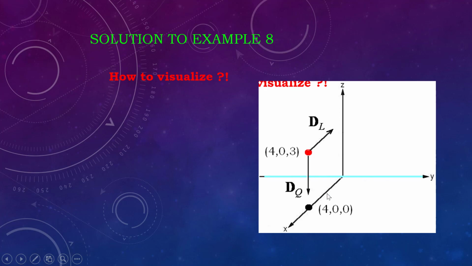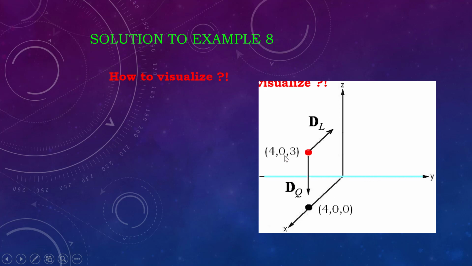In this figure it is drawn. How to visualize that? A point charge is present at 4, 0, 0, and a line charge is present along the y-axis. This blue color shows the line charge.